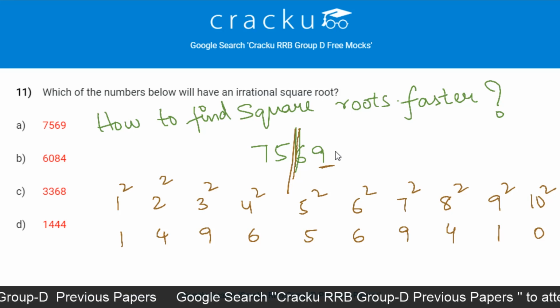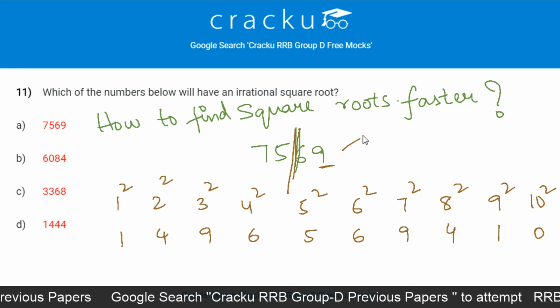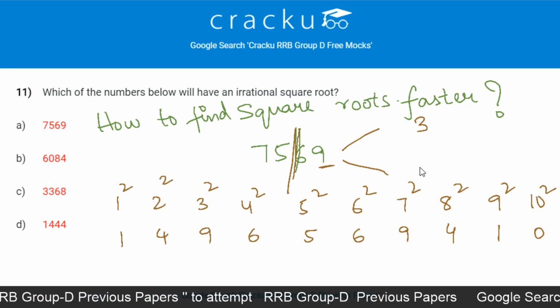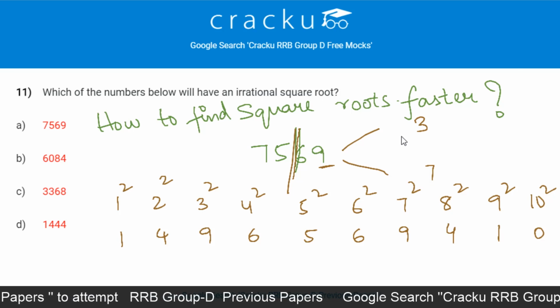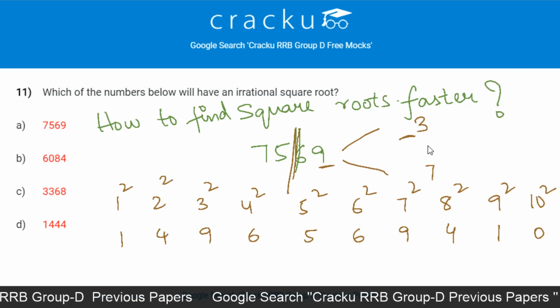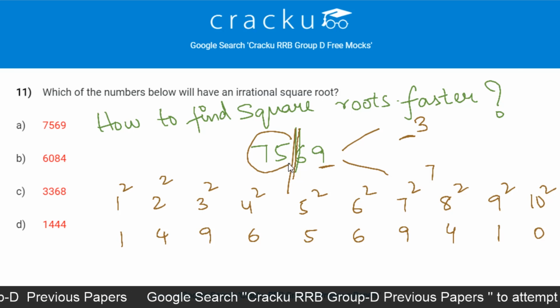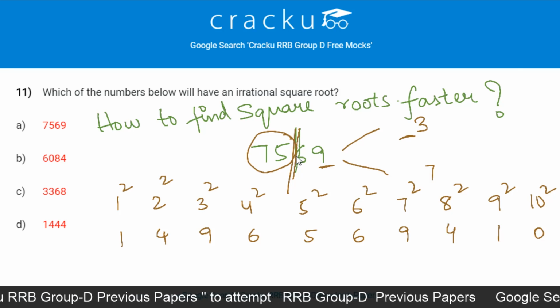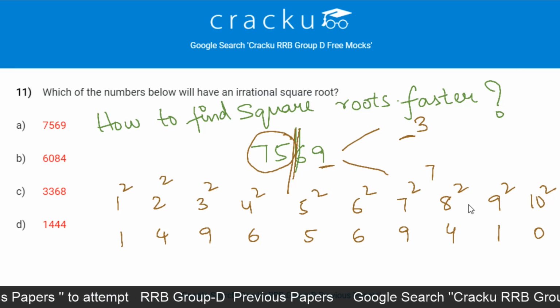That means the square root can be either 3 or 7. Now we have to find the other digit. To find the other digit, we need to take the help of the first two digits. If you see, 75 comes between 8 square and 9 square.